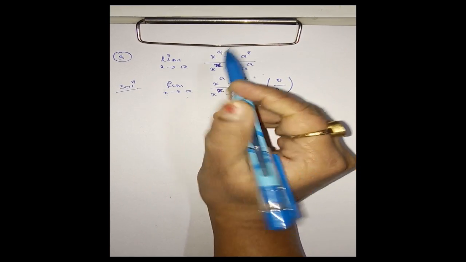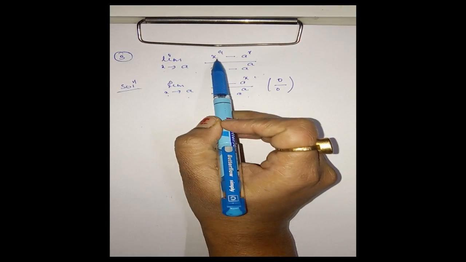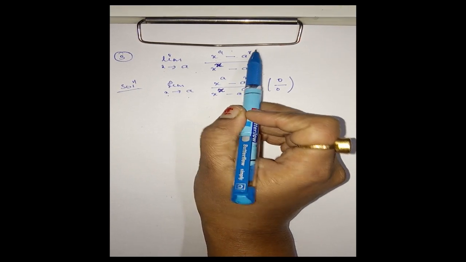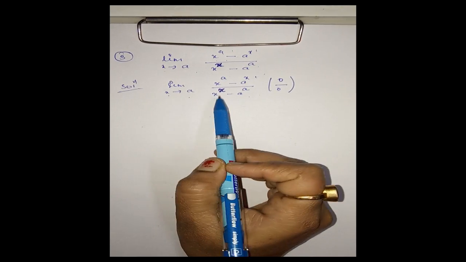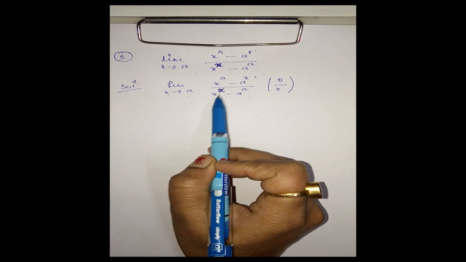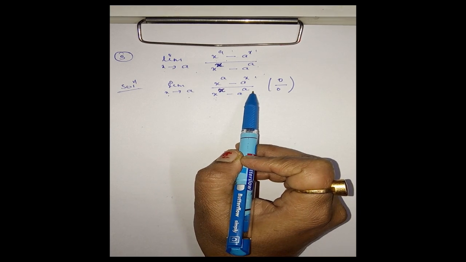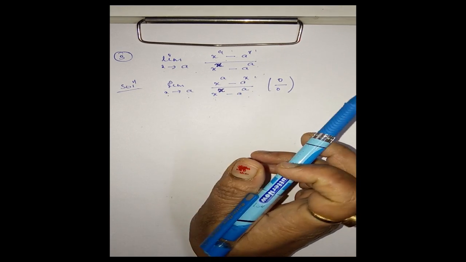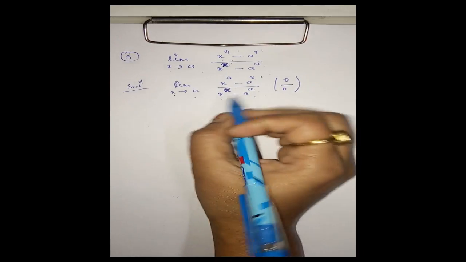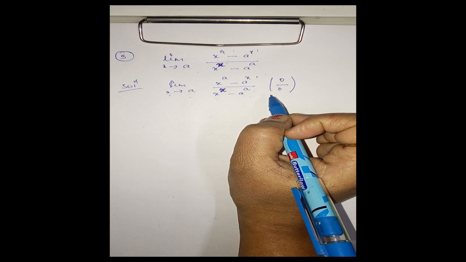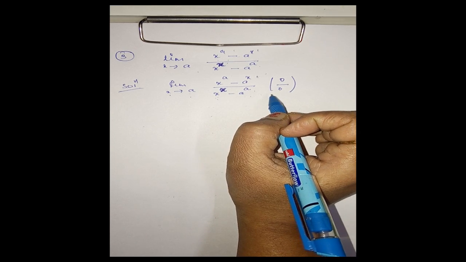The question is limit x tending to a, x power x minus a power x divided by x power x minus a power a. On taking x tending to a, this is a power a minus a power a, 0, and here also 0. The question is this x power x, not x power a. Now we are getting the 0 by 0 indeterminate form.